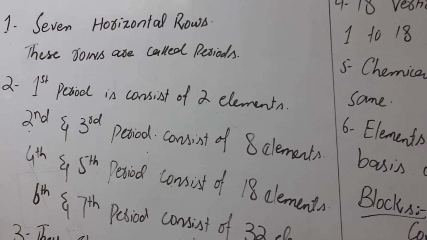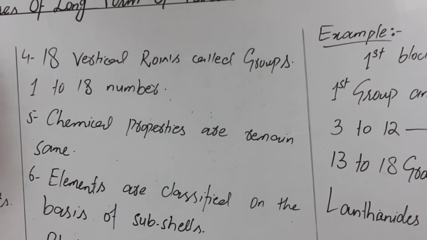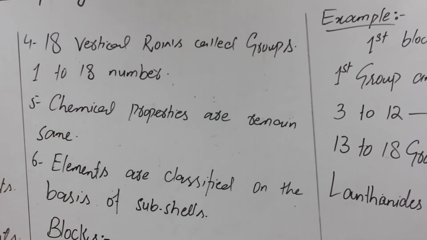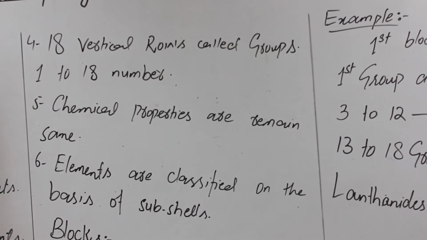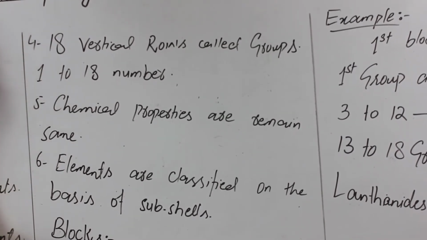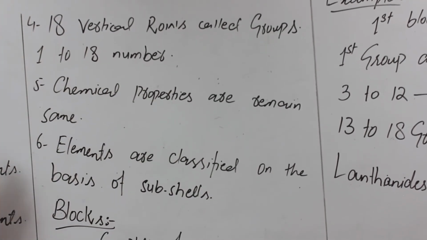The next feature of the long form of the periodic table is that it has 18 vertical rows. They are called groups, and they are numbered from left to right, 1 to 18. Basically we are talking about the chemical properties of the groups. They remain the same. Why do they remain the same?